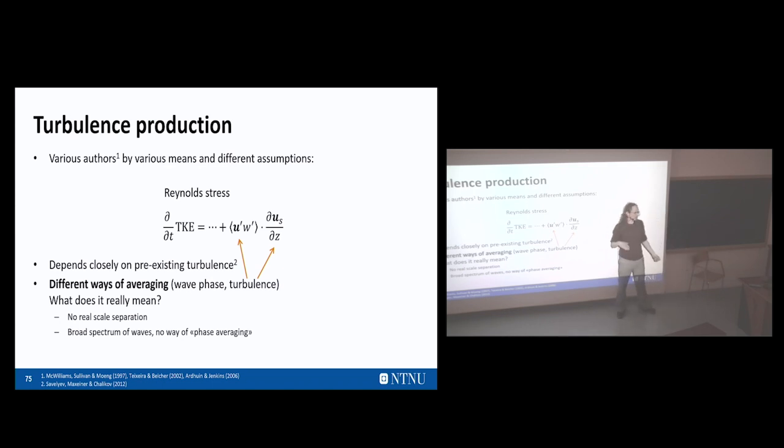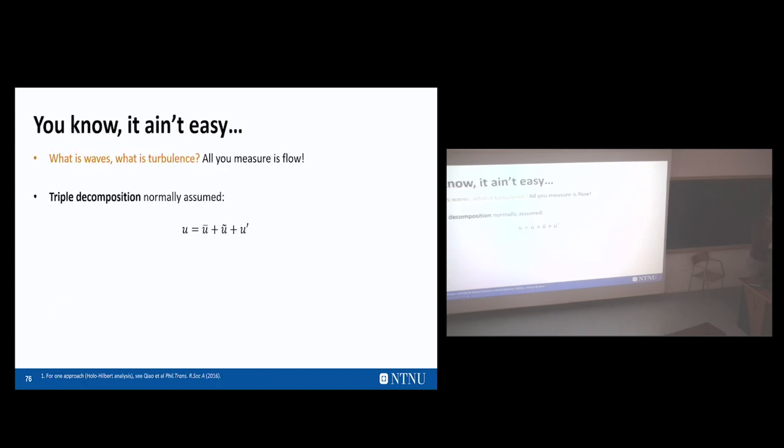Excellent. But you don't have monochromatic waves. You have a broad spectrum of waves. You also don't have scale separation, possibly in time, but certainly not in space. The scales are the same. Can you really go ahead and write things like this? What exactly does this mean? Maybe someone in the audience has a very clear picture of this, and we can discuss.